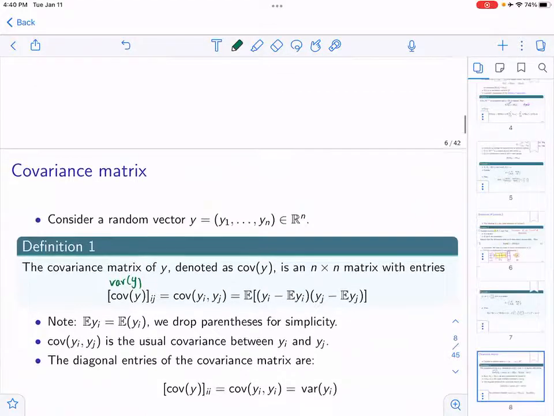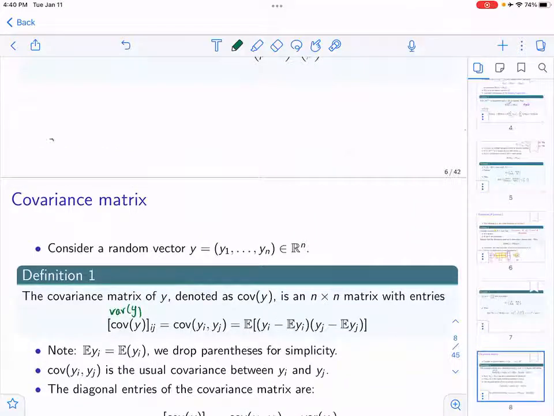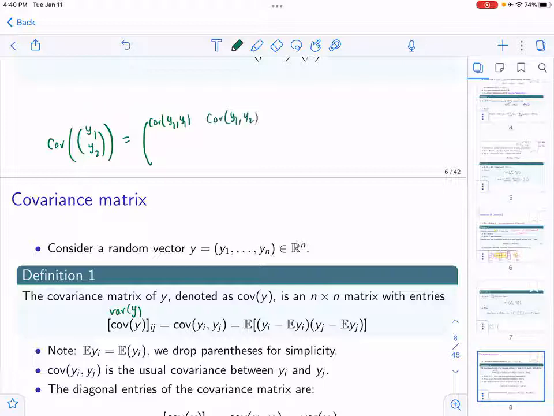So for a 2x2 case, this would be cov y1 y1, cov y1 y2, cov y2 y1, cov y2 y2. This is just the variance of y1, and this is the variance of y2.